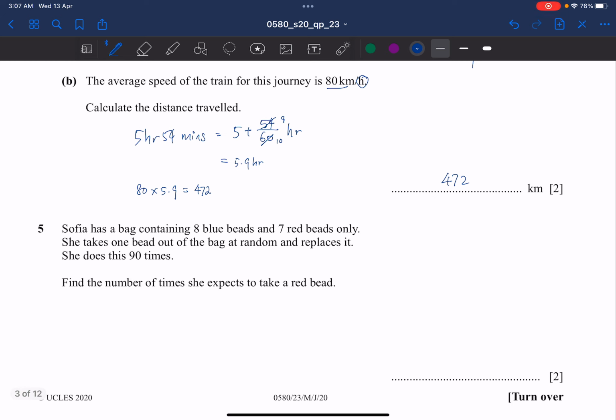Sophia has a bag containing 8 blue bits and 7 red. So 8 blue, 7 red, and 90 times. Replace it means that every time before she takes one out, there will always be 15.